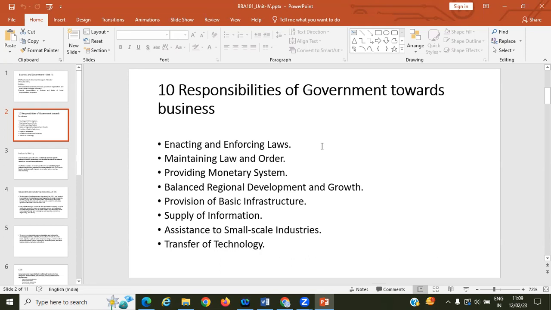Maintaining law and order. Providing monetary system. That means banks, loans. If you have a business and you don't have any banks in that locality, government is responsible to open the bank, all these financial institutions in that locality.